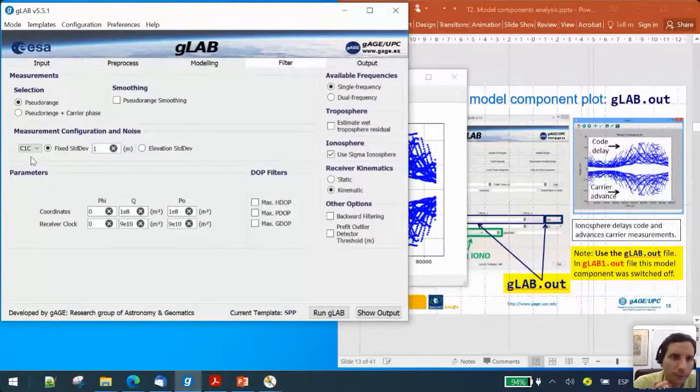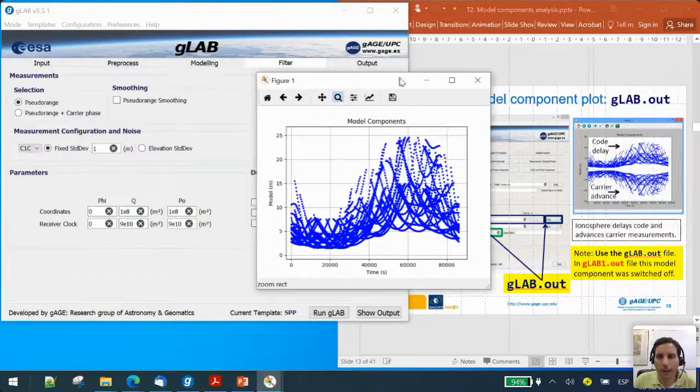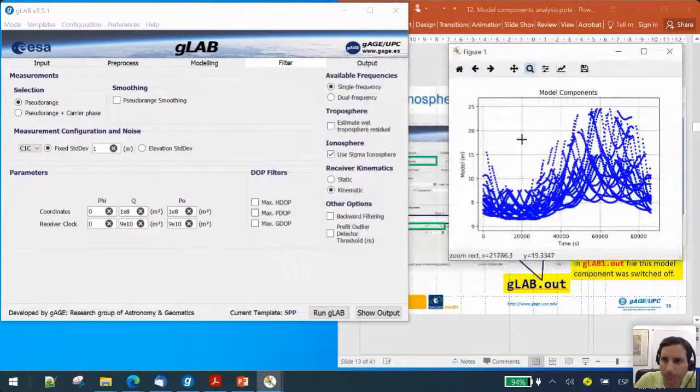In the literature, you will see that some people refer to the civilian code of the first frequency. And so we are using the code. So we are interested then in the upper plot. And this is the prediction for the 24 hours of the 1st of January 2004 at this particular location, where we have the CHPI station.